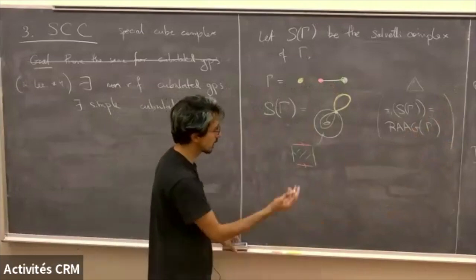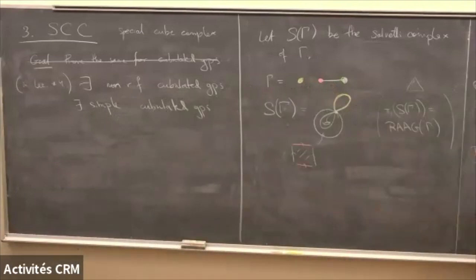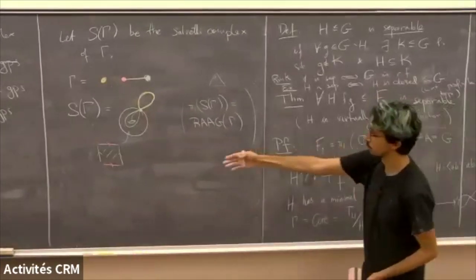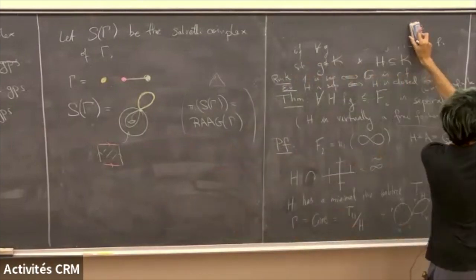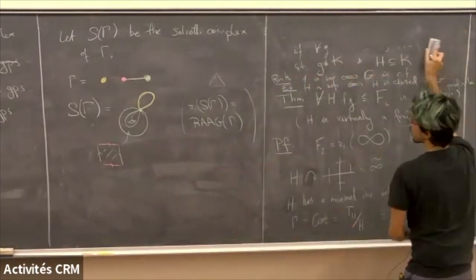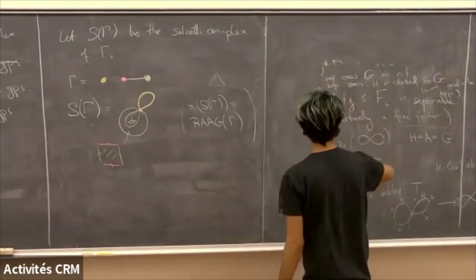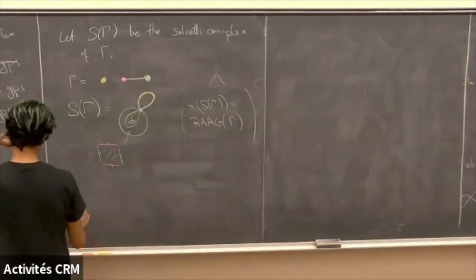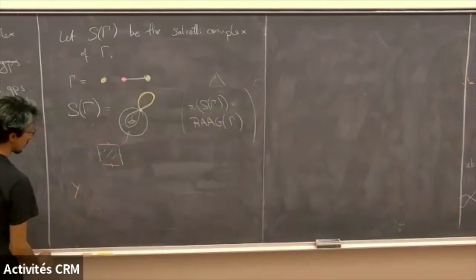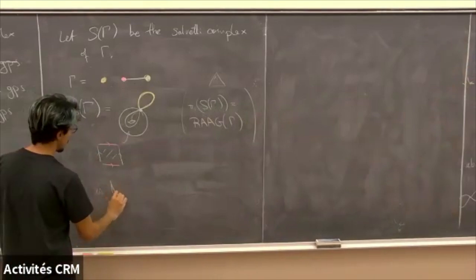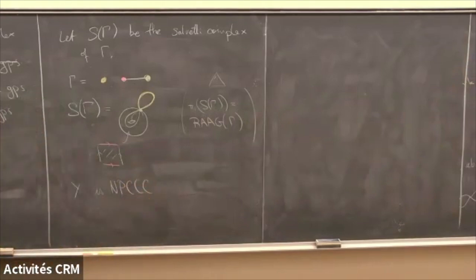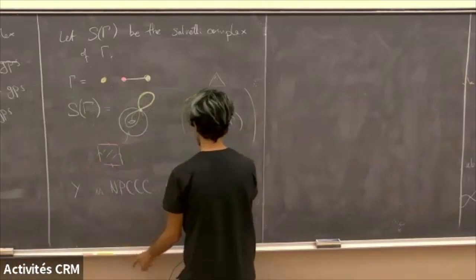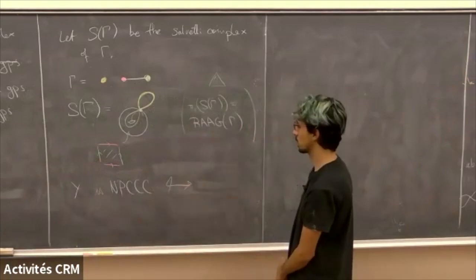And now let's play the same game. So instead of starting with a finitely generated group, I'll just start already with something I can play with, which is this. Okay, so let's say I have Y, some non-positively curved cube complex with a local isometric embedding into S gamma.